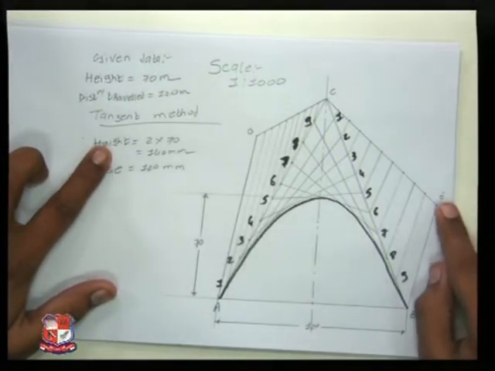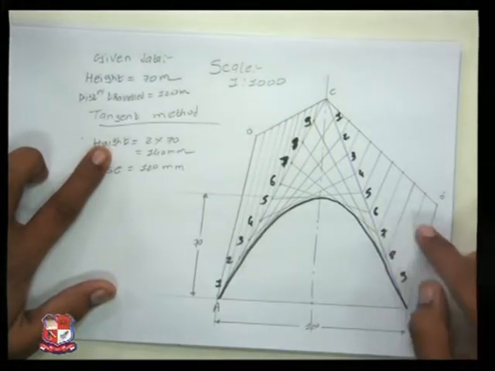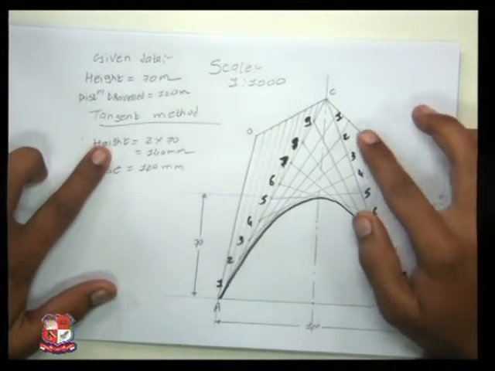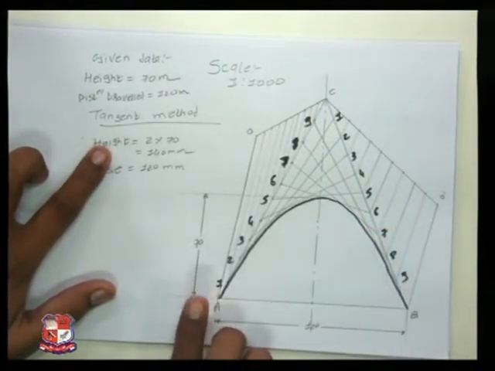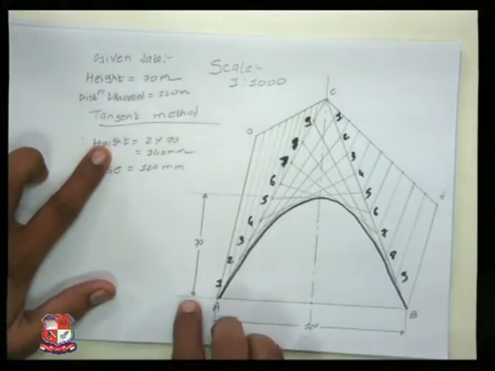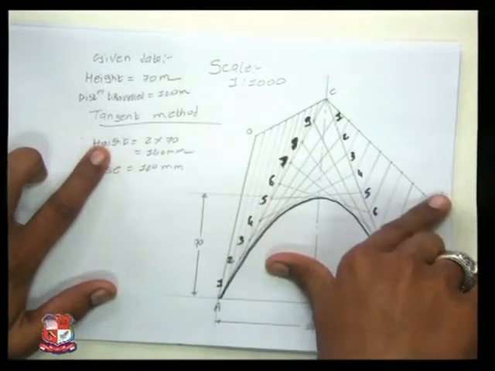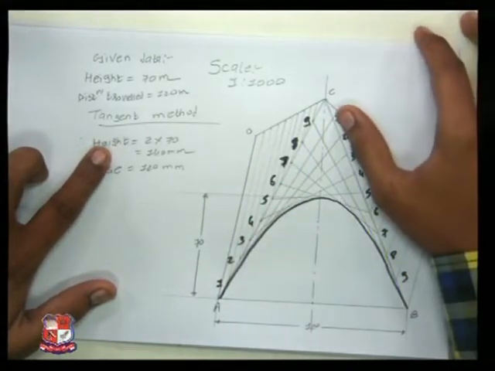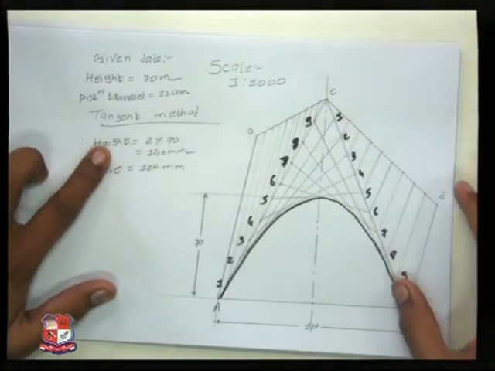Name it O dash, join O dash B, take a line parallel to O dash B and you will get your desired points. On one side, give the nomenclature from bottom to top, 1, 2, 3 up to 9, and on the other side give the nomenclature from top to bottom, 1 to 9.